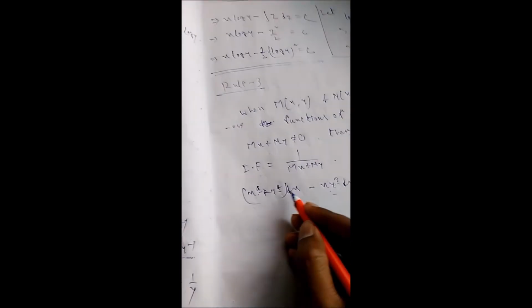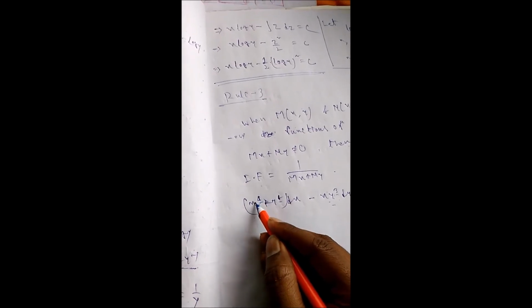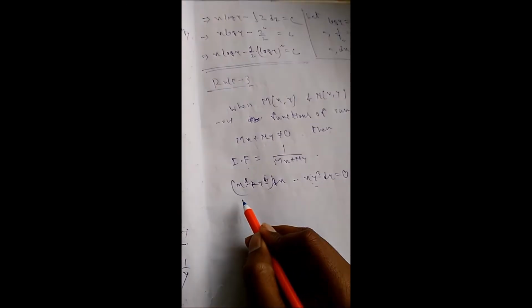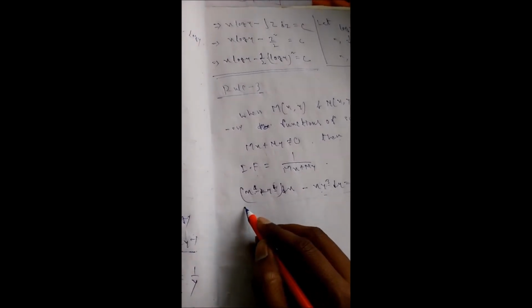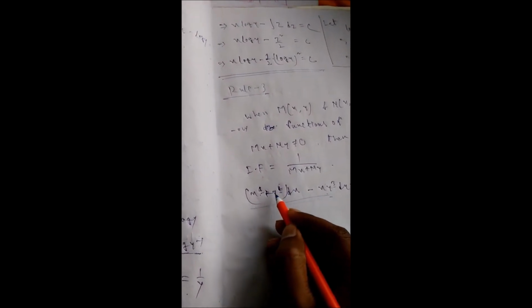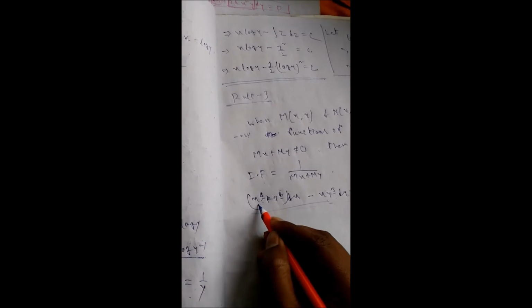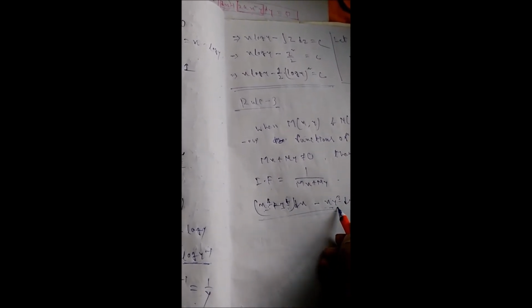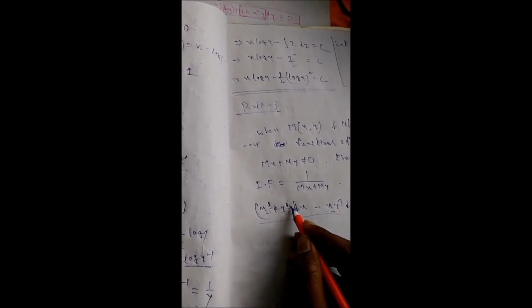You can see the power is the same, 4 for x, 4 for y, and 4 for xy. So you can easily define that it is a homogeneous equation. A homogeneous equation means you find it when you see that each part of the equation has the same power. Here the same power, 4, 4, 4.